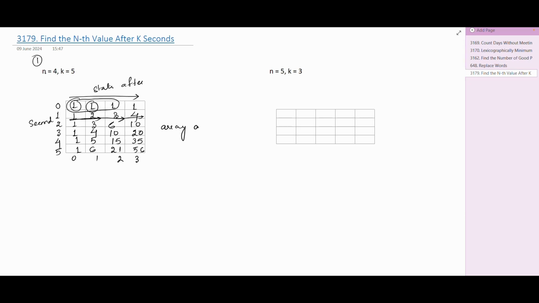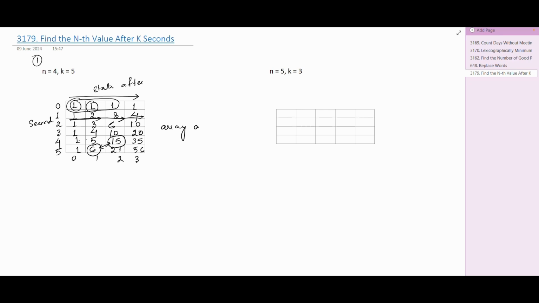So we can see that to compute the current level, we just need the values of the previous level. So here, let's say to compute 21, we are doing 1 plus 5 plus 15, that is 21. The value of 1 plus 5 is stored at the previous index of the current level. So what we can do is just add 15 and this 6 here, so it will be 21.